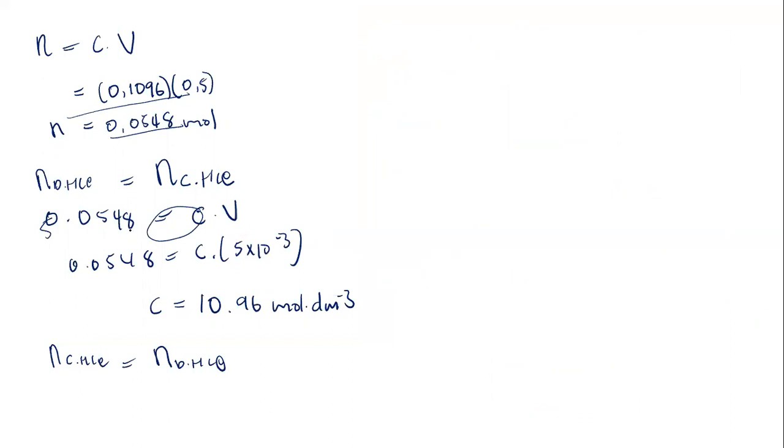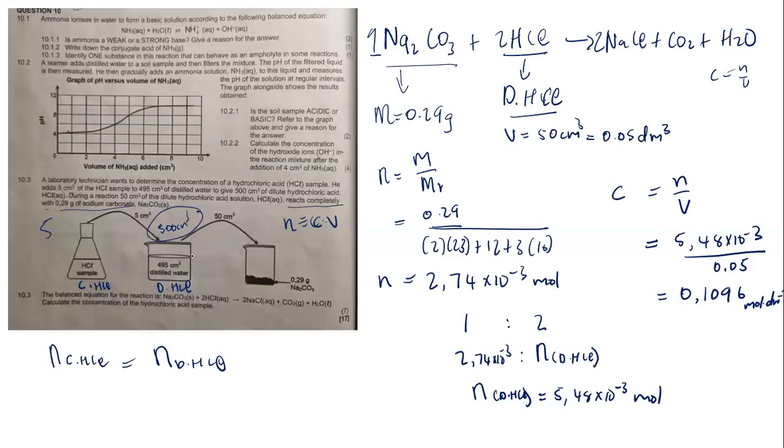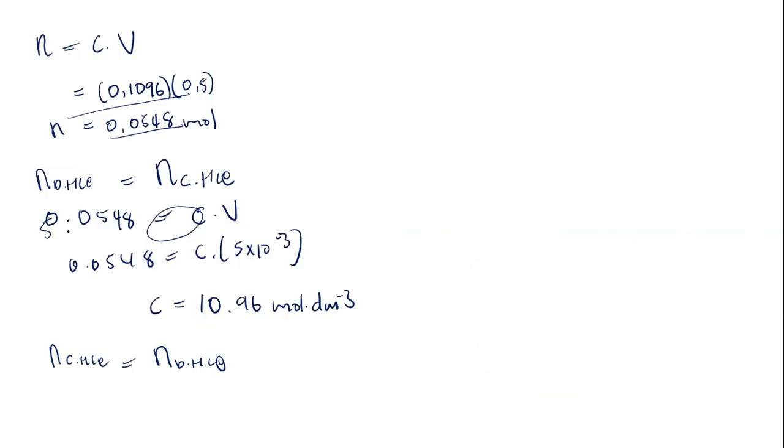So then you just use the 0.0548 equal to C times V. But remember, this is the number of moles of diluted, which is what we have just calculated, which is this number of moles. So the number of moles of the diluted corresponds with the number of moles of the concentrated, which is this. You just plug them here because you calculated them. But here you know that you are looking for the concentration.